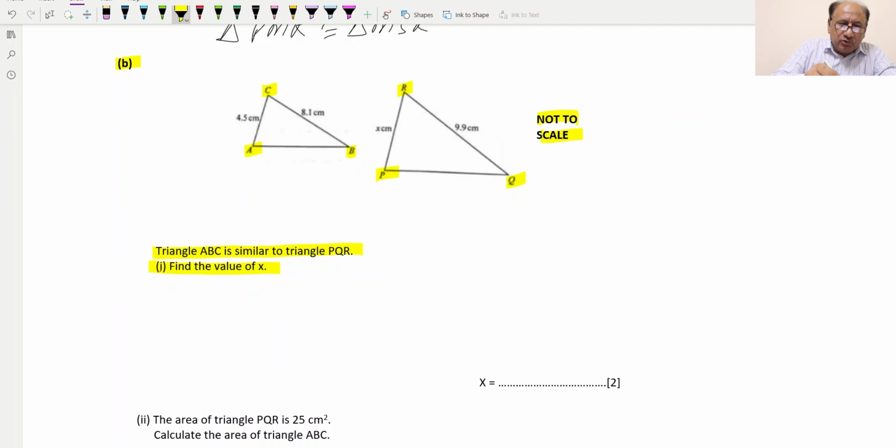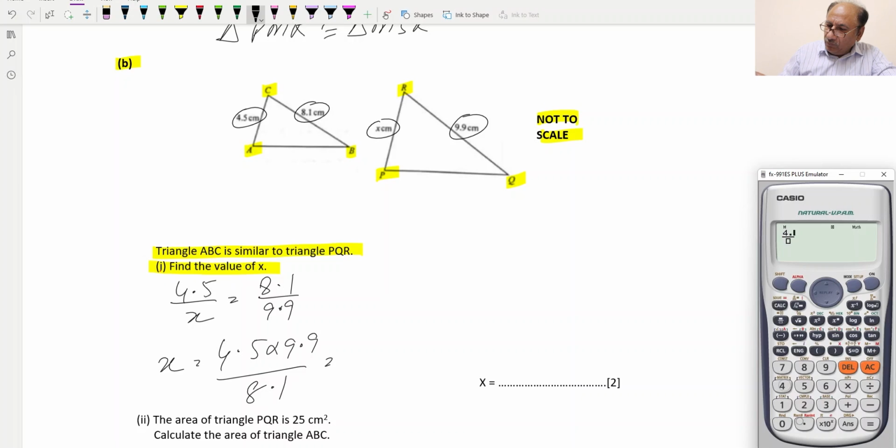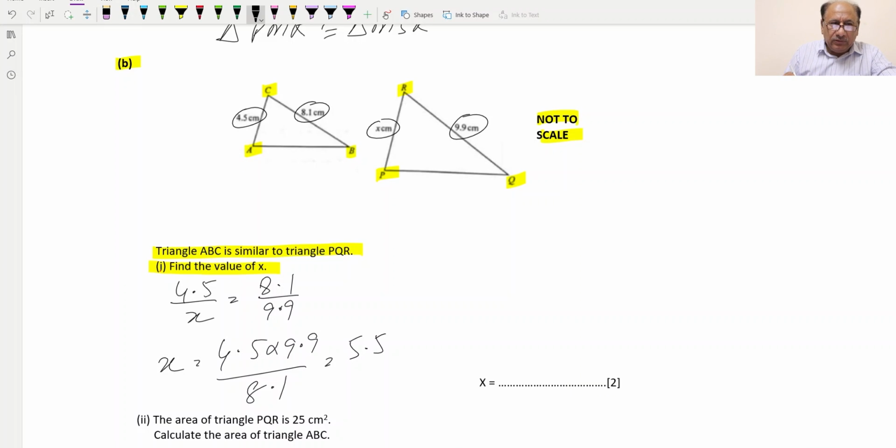So we can apply the ratio method: 4.5 over this side will be equal to 8.1 over 9.9, and x will be equal to 4.5 times 9.9 divided by 8.1, which is equal to 5.5. So 5.5 will be our x value.